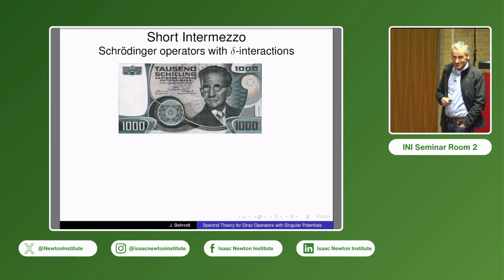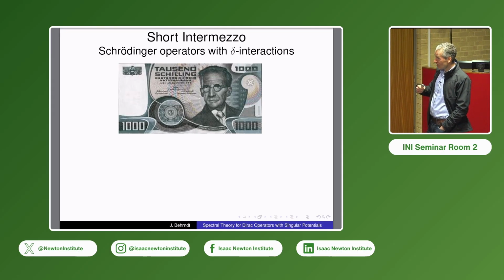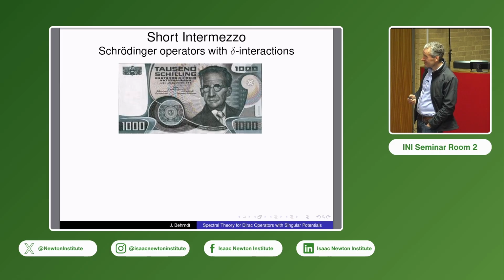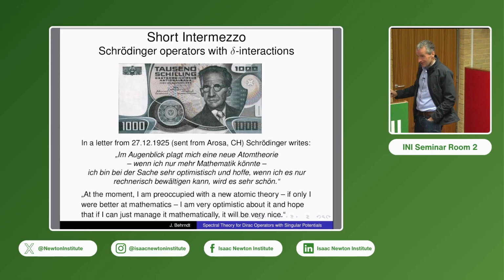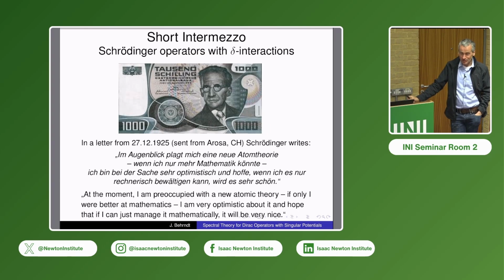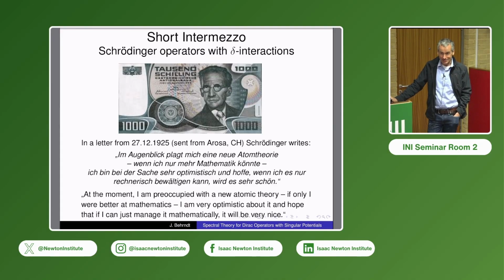And okay, because Jens talked about it yesterday, let me add a little bit to it. So 100 years of quantum mechanics. So Schrödinger found his, let's say, popular and well-known equation in Arosa, Switzerland, in his winter holidays. At that time, he was professor at the University of Zurich.